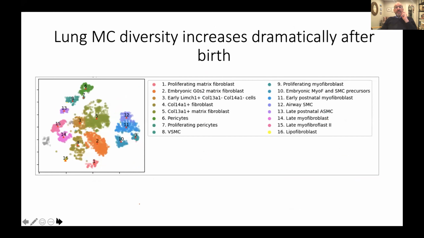We also found that the lung mesenchymal cell diversity increases dramatically after birth. These are the cells that are present in the lung mesenchyme at E18.5, just these three cellular subtypes. And within the first day of life, there is this dramatic increase in the number of cells, and this increases progressively over the first 21 days of life.